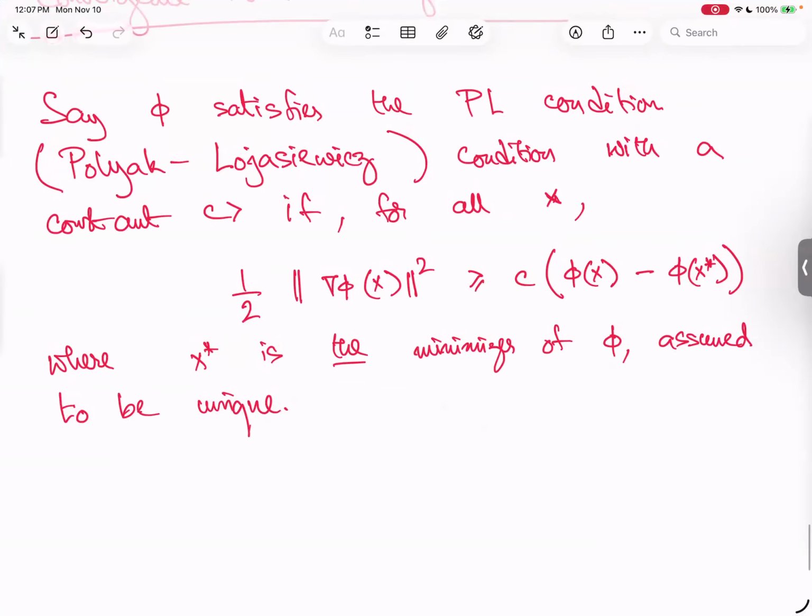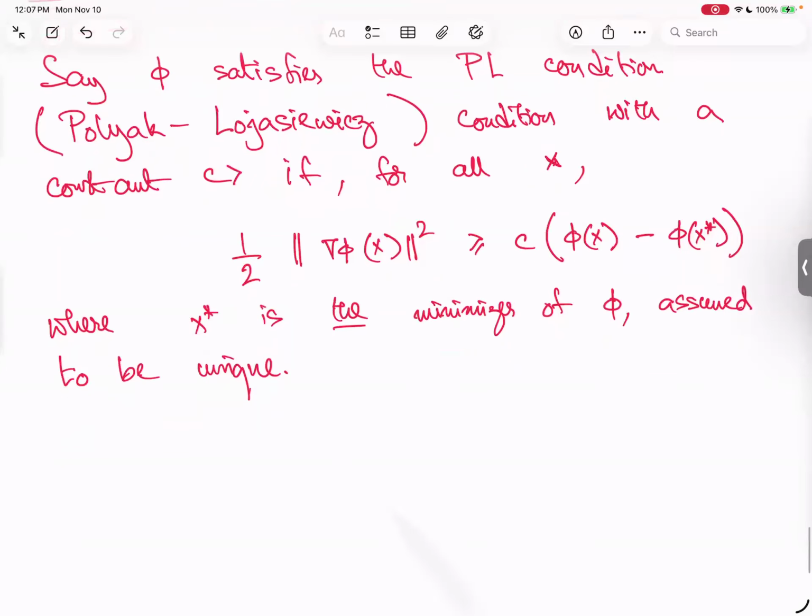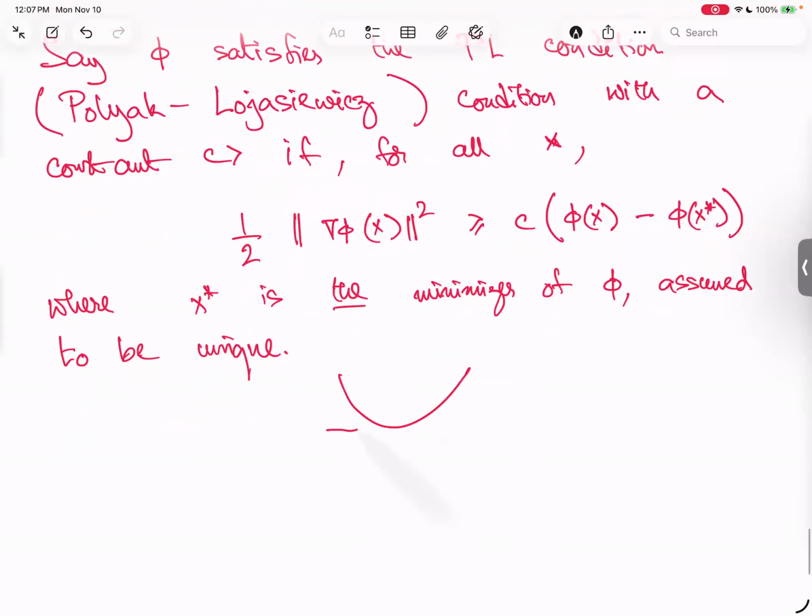So this is comparing the value of the function from its minimum value with the gradient of the function. The function could be like this, and this is where my function is minimized, my x star. For any other point, I'm looking at this difference of phi of x and phi of x star, and comparing it with the norm square of the gradient at this point. Good. There are generalizations of this condition, but this is the standard PL condition that we're going to work with.